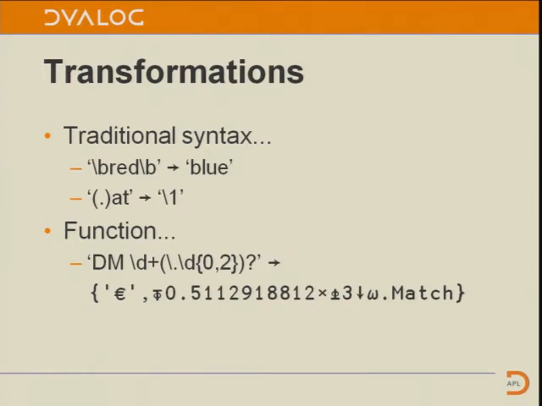We evaluate that to give us a numeric value, we multiply it by that number there, which is the exchange rate between Deutschmarks and euros. We format that to turn it back into text, and we stick a euro in front of it. So if we've got any document that's full of values, quantities in Deutschmarks, that will automatically turn it into euros.